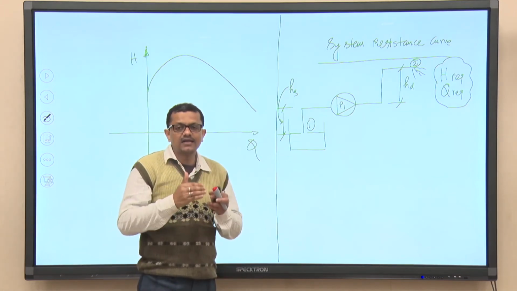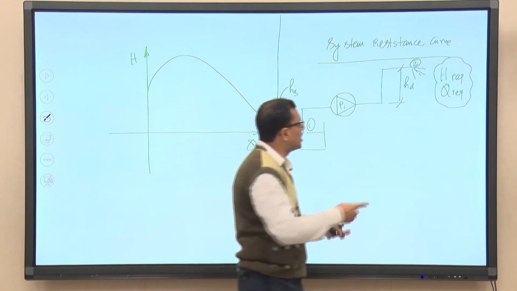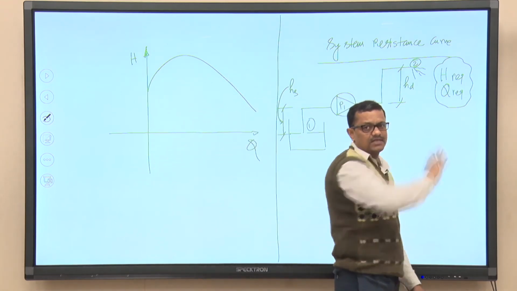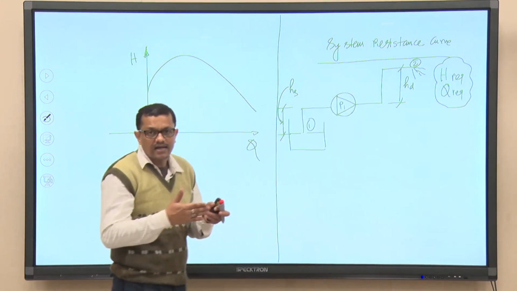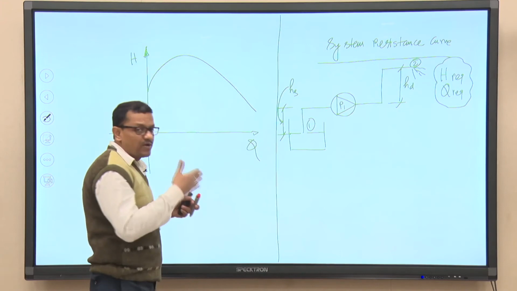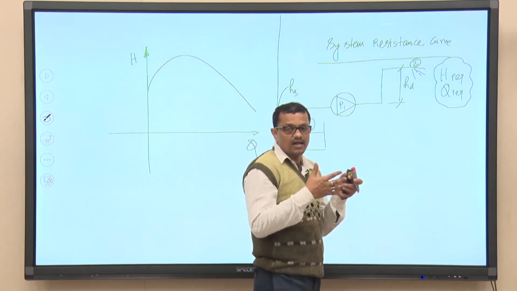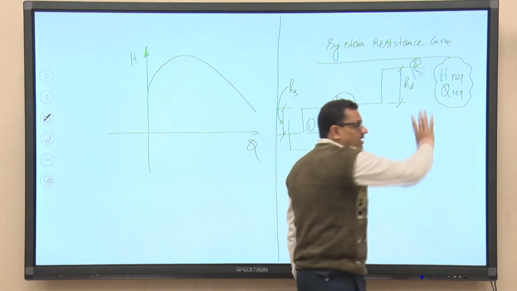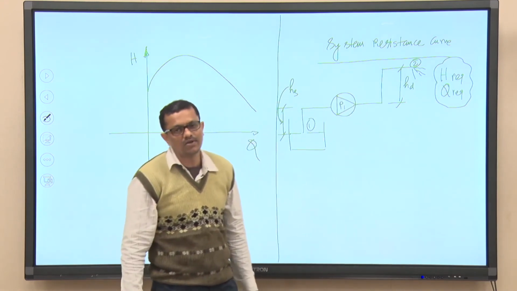The head and discharge corresponding to that operating point, if they are equal to these two, then perhaps it is fine. If the operating point is such that the corresponding head and discharge are unable to reach here, then definitely the design or selection of the pumping station as well as the pump is not correct.